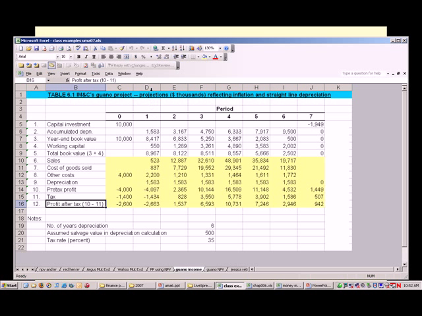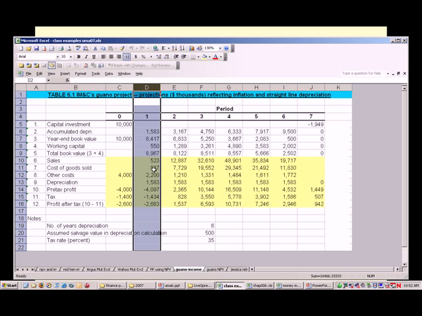Let's look at the year 1 projected operating statement.